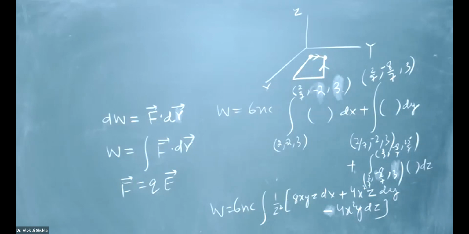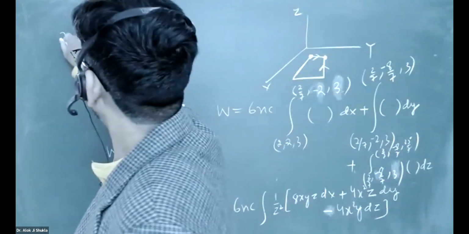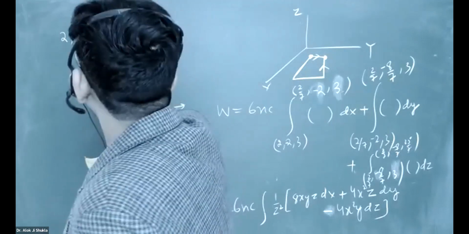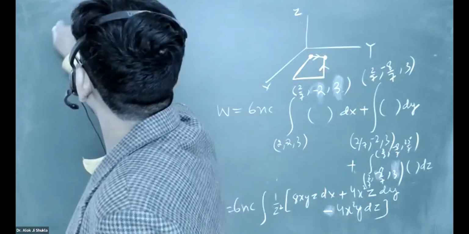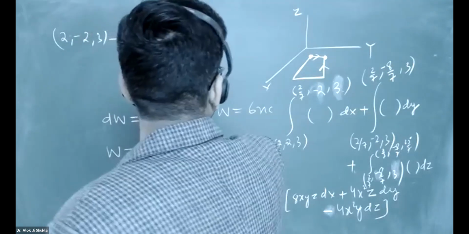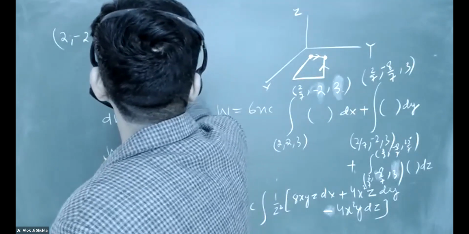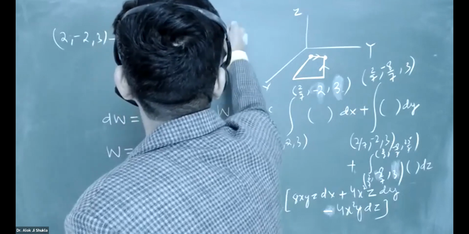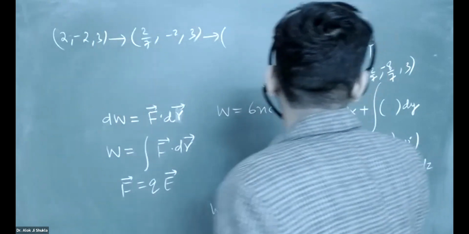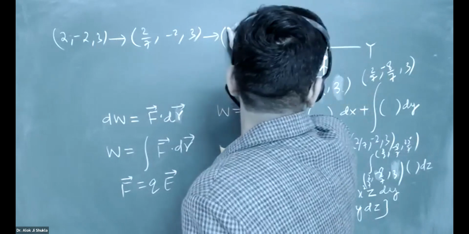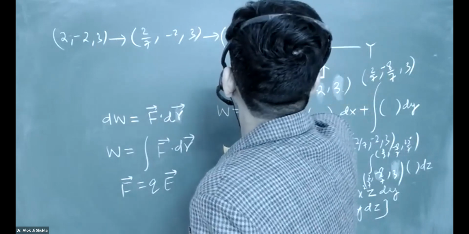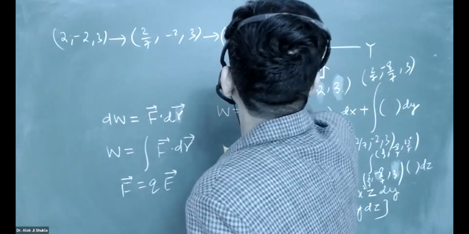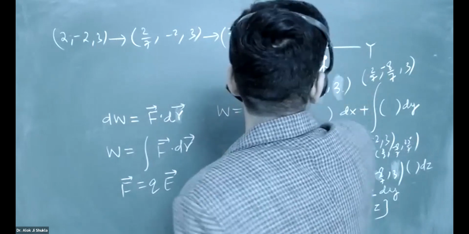इसको अच्छे से समझ लो कि what we have done is, we started from 2, minus 2 and 3. So first of all I wrote 2 by 7, minus 2 and 3. Then I wrote 2 by 7, minus 8 by 7 and 3.